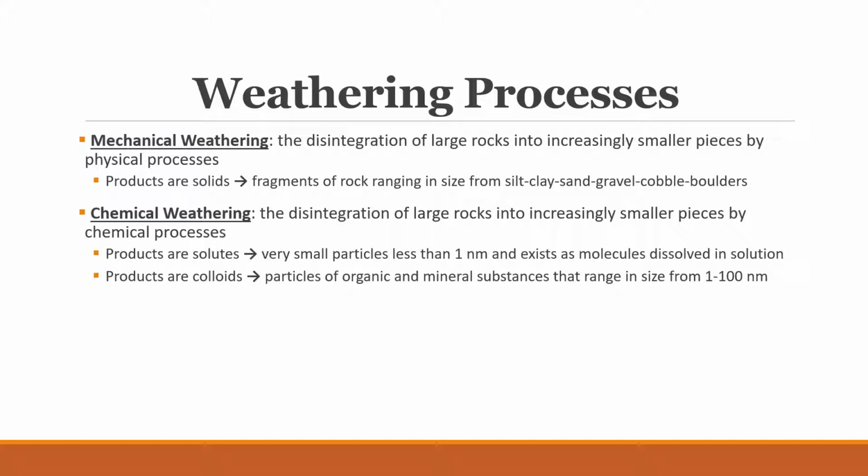So the products differ in chemical weathering, and instead they can either be solutes, small particles dissolved in solution, or colloids, which are similar to solutes, but it's including particles of organic and mineral substances, very, very small, ranging in size from 1 to 100 nanometers.